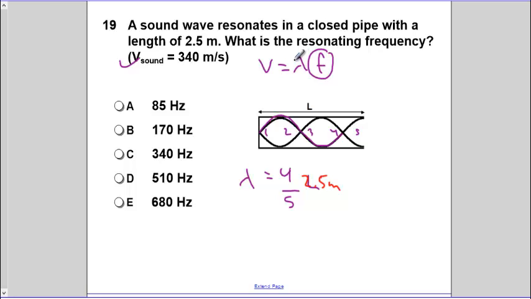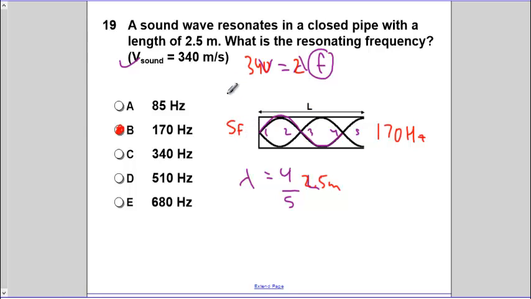So we have a wavelength of 2 meters, and the velocity is 340 meters per second. 340 divided by 2 is 170 hertz. So this will sing at 170 hertz. And by the way, this is 5 times the fundamental frequency.